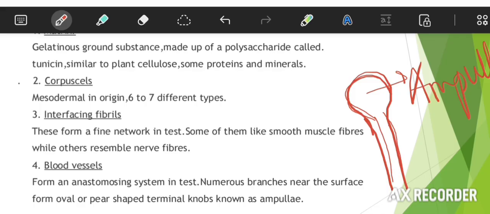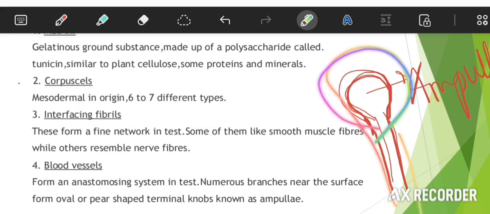So these are the vascular ampullae, terminal knobs present in the terminal region of blood vessels.